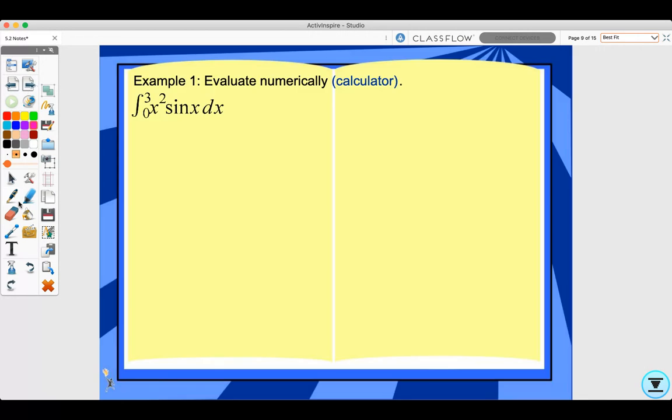Let's look at example 1. In this one, you're going to use your calculator. I want to find the definite integral from 0 to 3 of x squared times sine x dx.